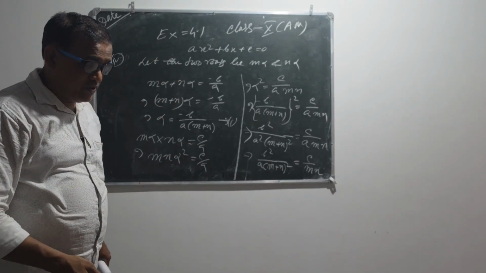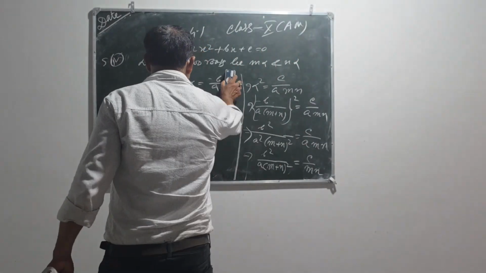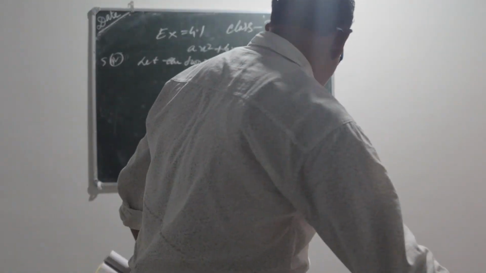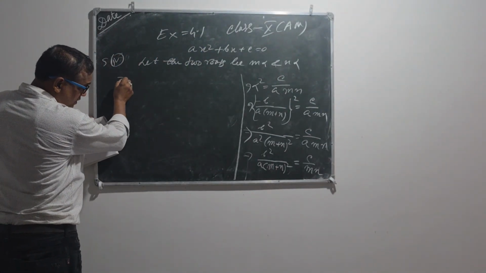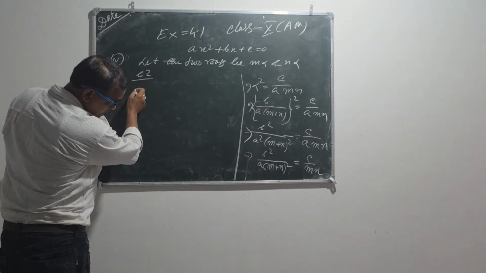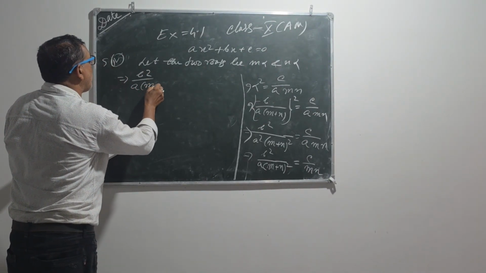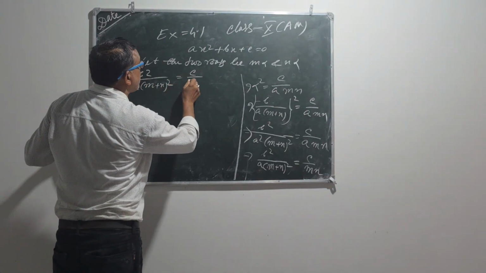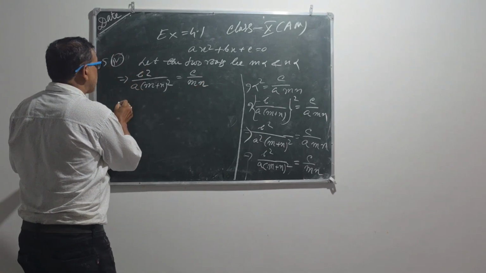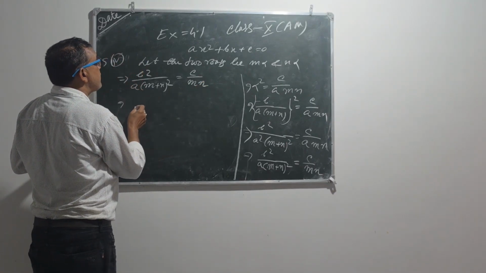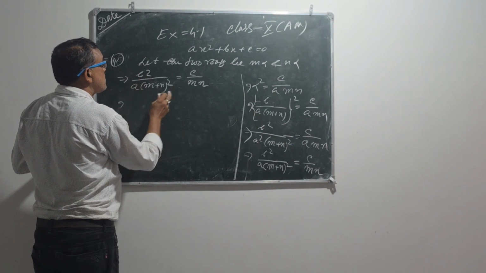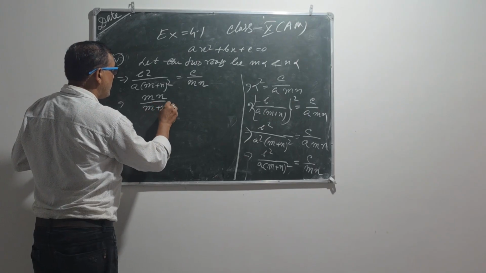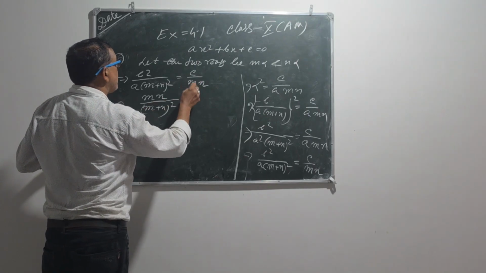Then for the remaining portion, we can write b square divided by a into m plus n whole square equal to c by mn. That is, mn will go up, divided by m plus n whole square, and c will be here.